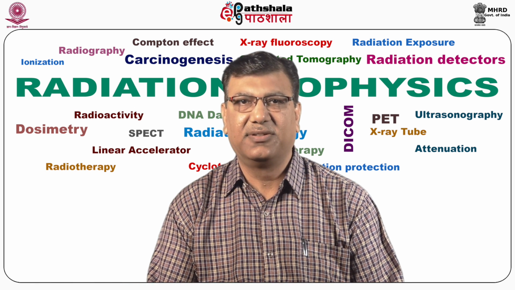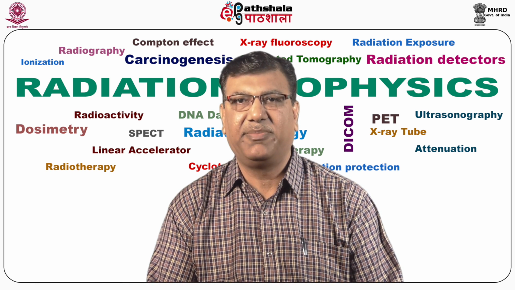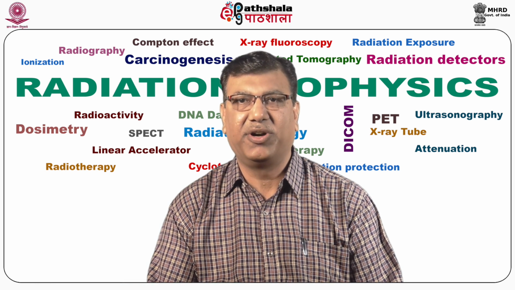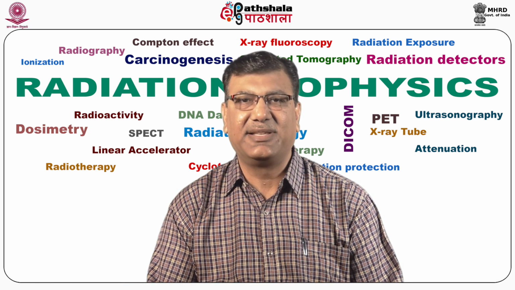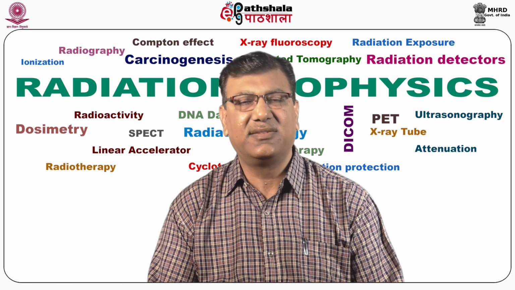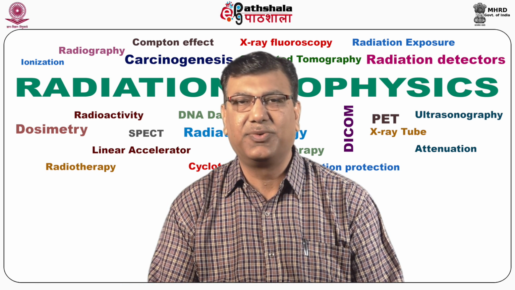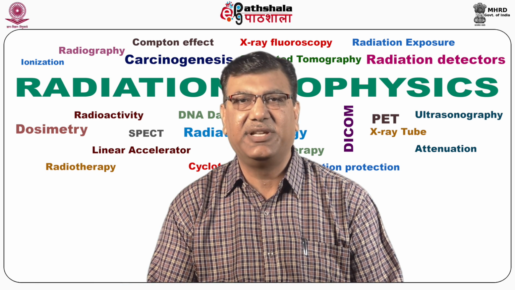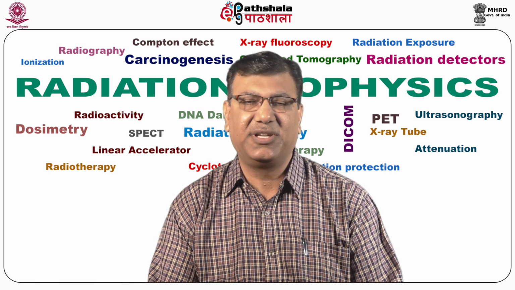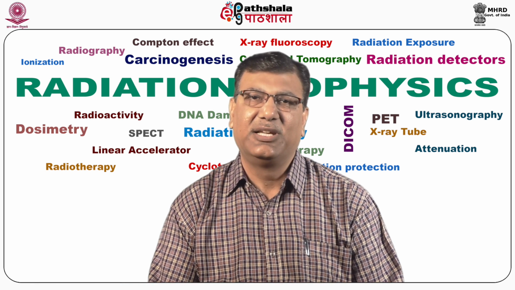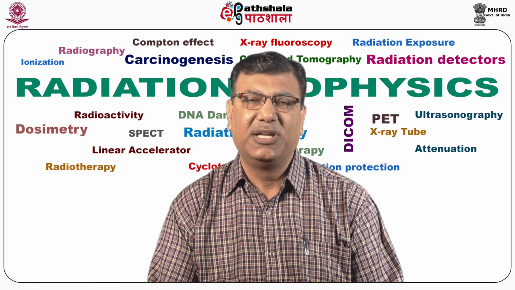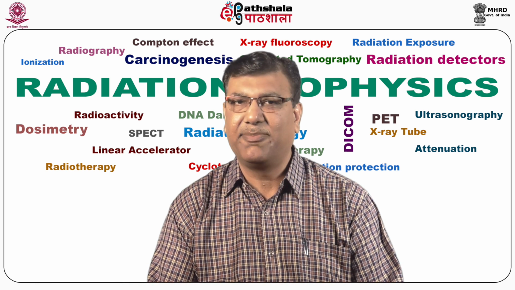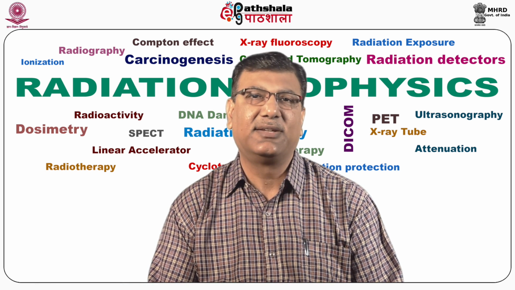In the introduction, external beam radiotherapy is where the source of radiation is outside the body at some distance. The distance generally is 80 centimeters to 100 centimeters. In teletherapy machines where a cobalt-60 radioactive source is used, the distance from source to patient is approximately 80 centimeters.